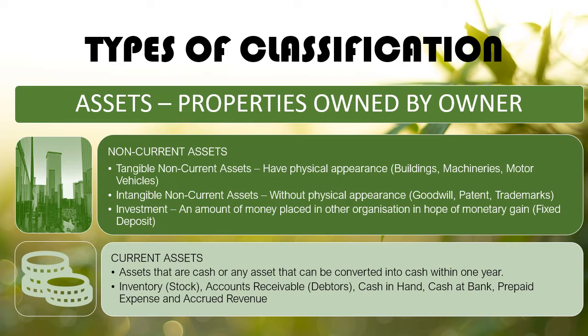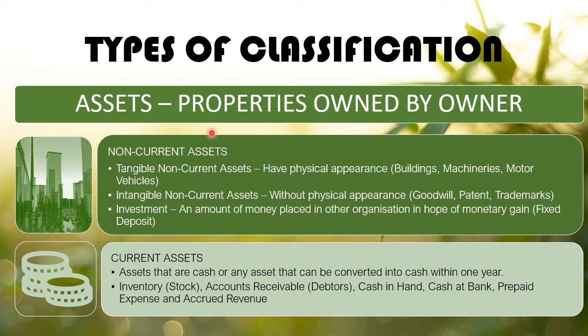In this case, if the business is a sole proprietorship, then all assets, all properties, all items are owned by the owner. So we can classify the assets into two types, which are the non-current assets and the current assets.